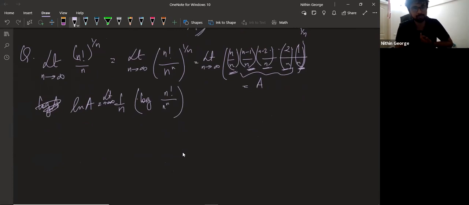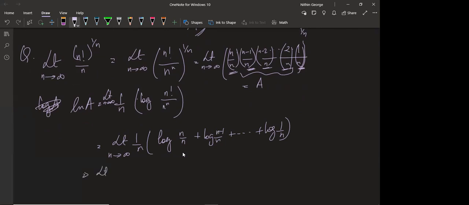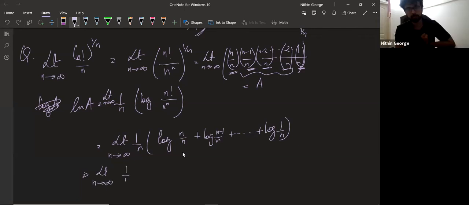So then this becomes limit n tends to infinity, 1 by n, and then log of n by n plus log of n minus 1 by n plus all the way up to log of 1 by n. Is this clear? Yes, sir. So limit n tends to infinity, 1 by n, sigma r goes from 1 to n, log of r by n. Done?